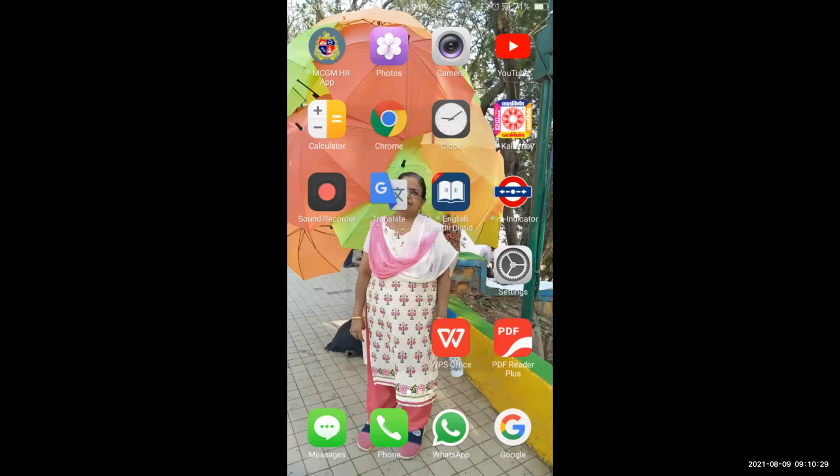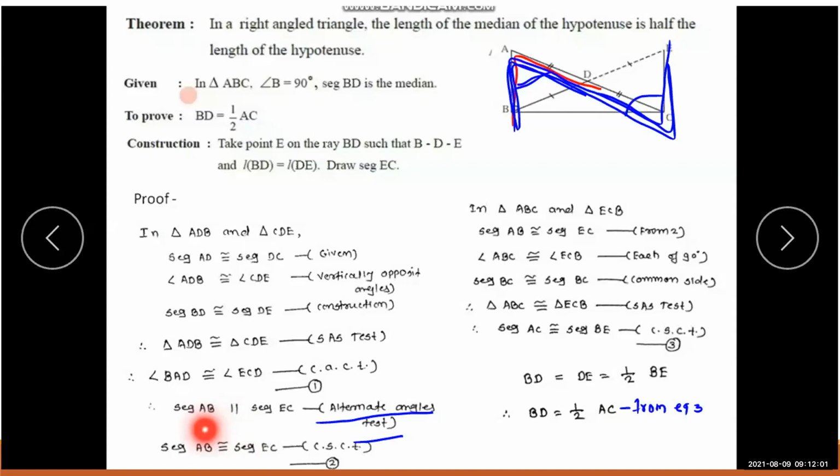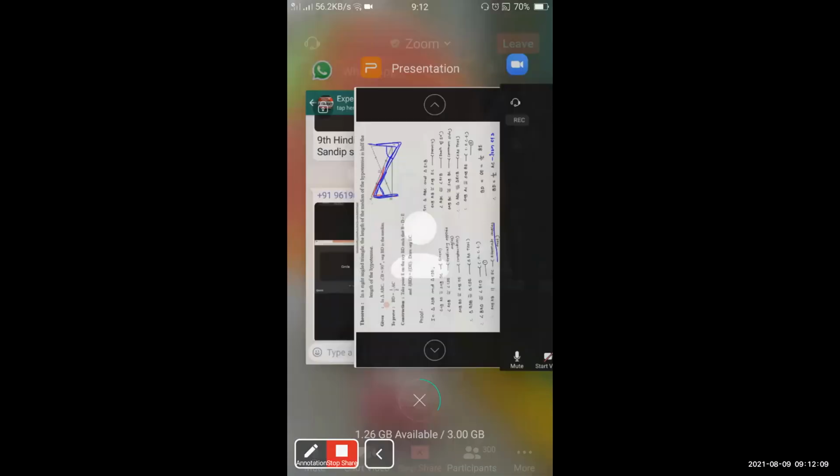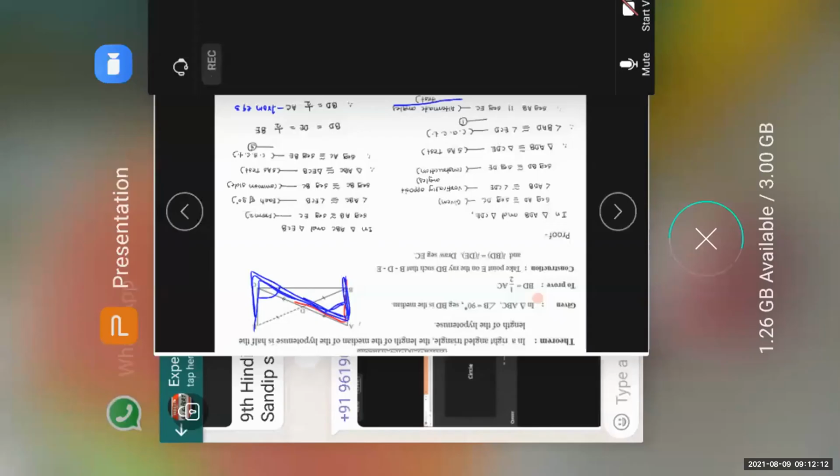Now, see, where is angle BAD? Yes, segment AB is parallel to segment EC.